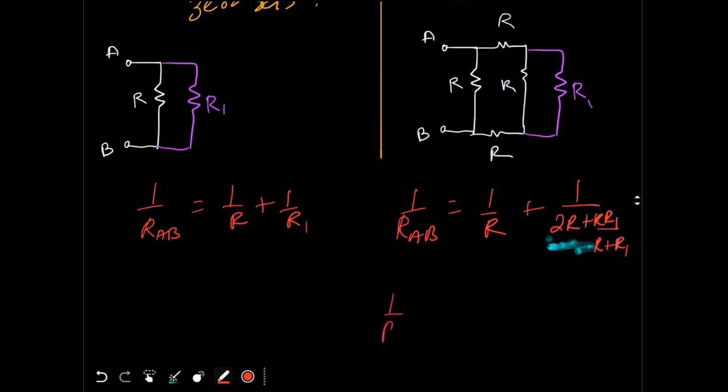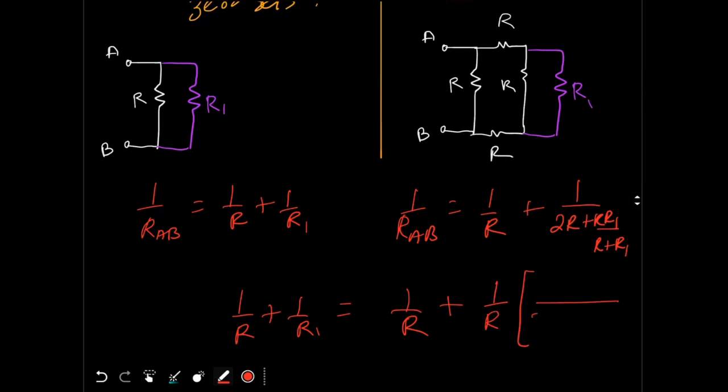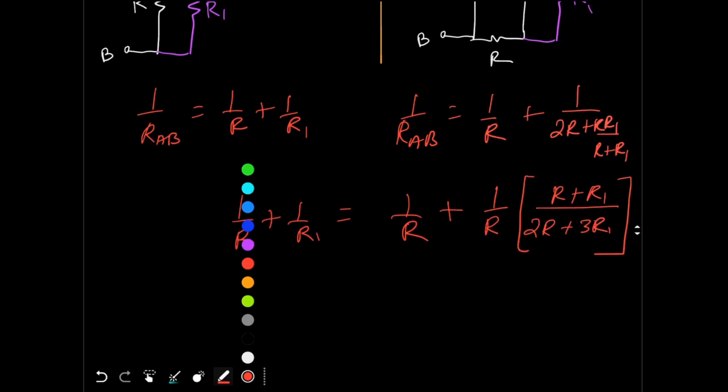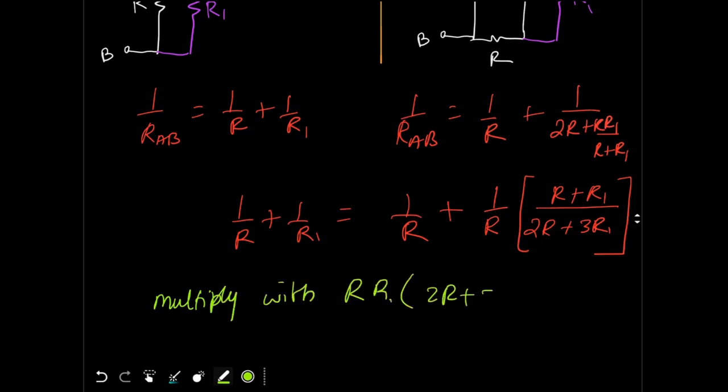So I could just simplify this. From here I get 1 by R plus 1 by R1 is equal to 1 by R plus, take 1 by R common, so we get in denominator 2R plus 3R1, and numerator R plus R1. Now multiply the equation with R1 times 2R plus 3R1.